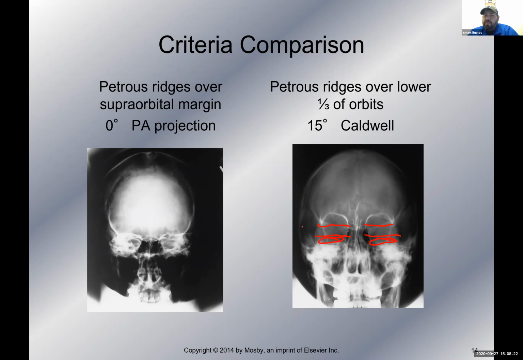So what does that tell you when you look at this image? If the ridges are too low, what does that tell you? Two errors could have happened. Think about it for a minute. I'm going to let you take a couple seconds to think about it before I tell you. What are the two errors that could cause those ridges to go lower? Well, first thing you have to realize is that the angle between the CR and the OML was more than 15 degrees if those ridges are too low.